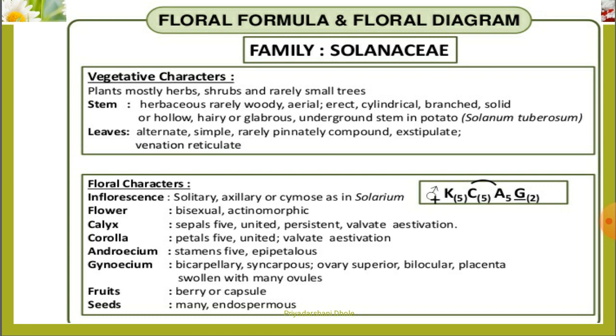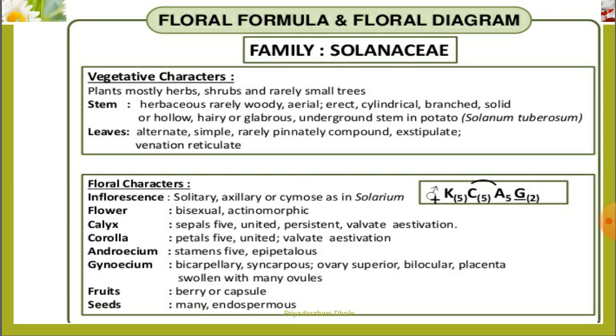Then leaves: they are alternate, simple, rarely bipinnately compound. Exstipulate, venation is reticulate. Now these are the floral characters. Inflorescence is solitary, axillary or cymose type. Then flowers are bisexual. Now you can see this in the rectangle.